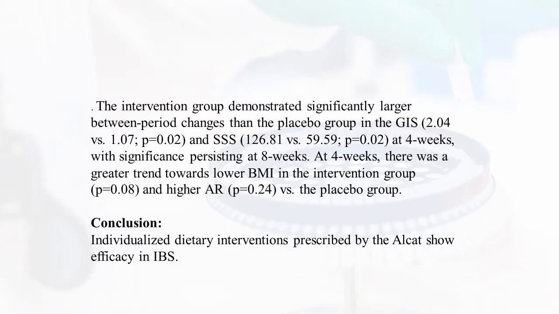Accepted scales, these GIS and SSS, are used to assess the severity of symptoms associated with IBS. And the placebo group improves and the control group improves much more.